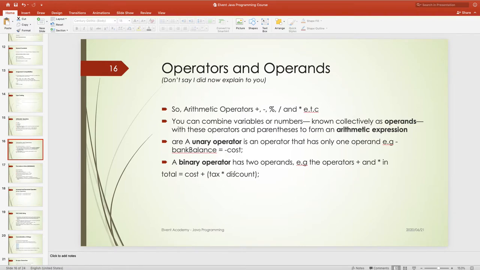And in this example, the asterisk, which is the multiplication operator, is applied on tax and discount. This makes the asterisk a binary operator, binary meaning two operands are associated with this operator. In this case, it's a unary operator. Why? Because only cost, one operand, is associated with this operator.